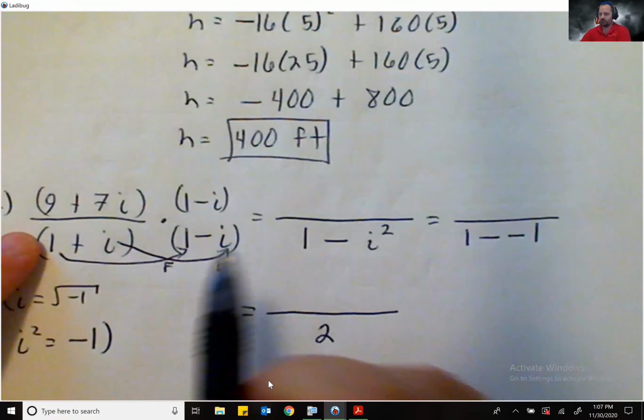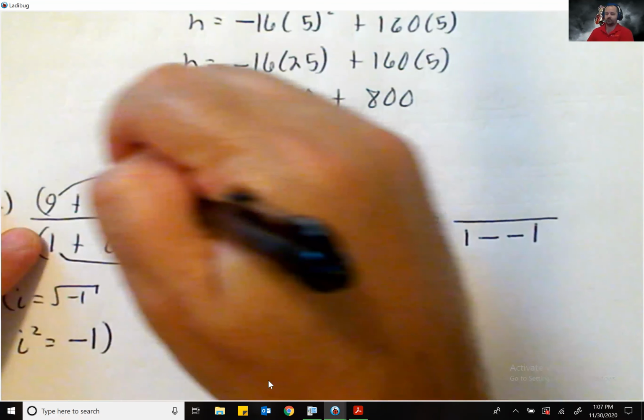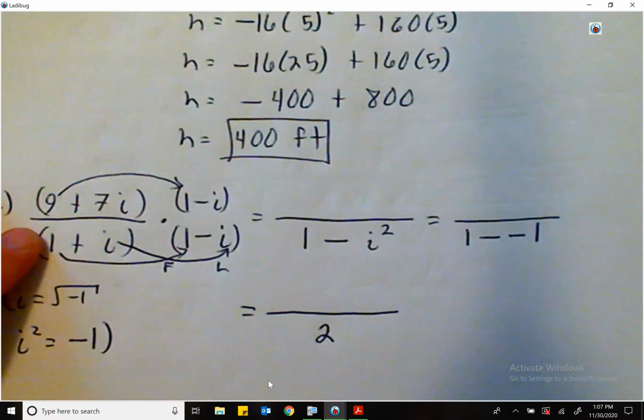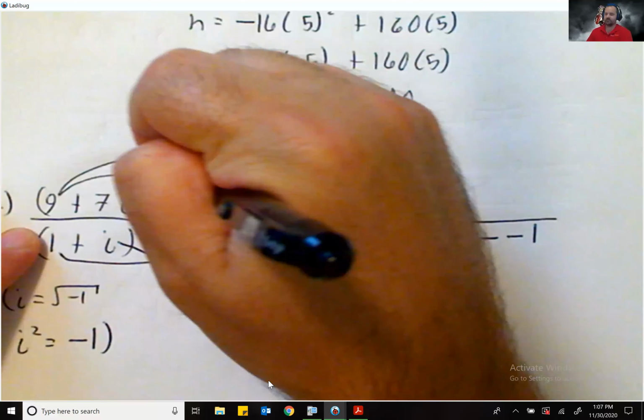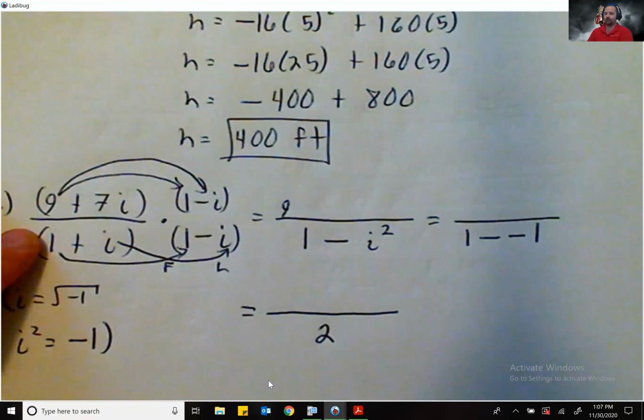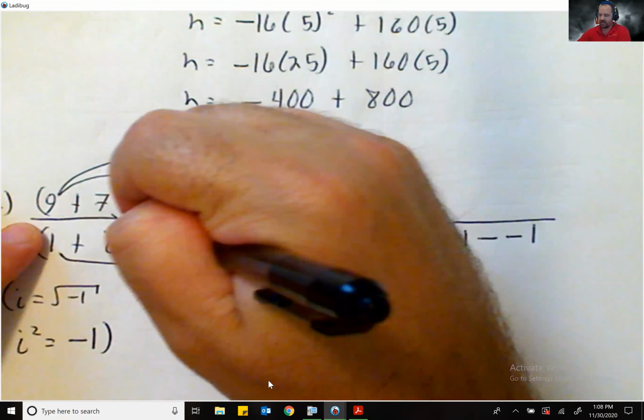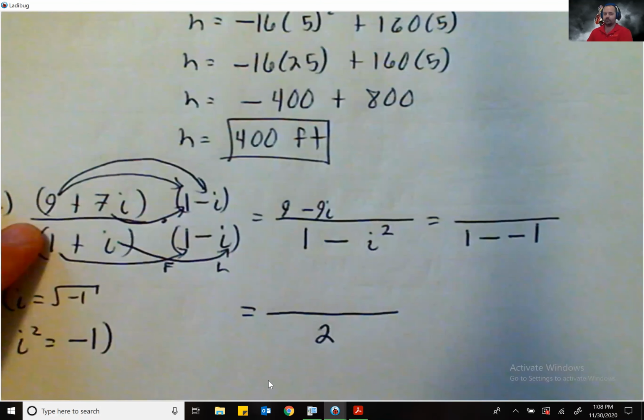All right, now let's work on the numerator. So we're going to FOIL. What's 9 times 1? 9. What's 9 times negative i? Negative 9i. Yep. What is 7i times 1? 7i.